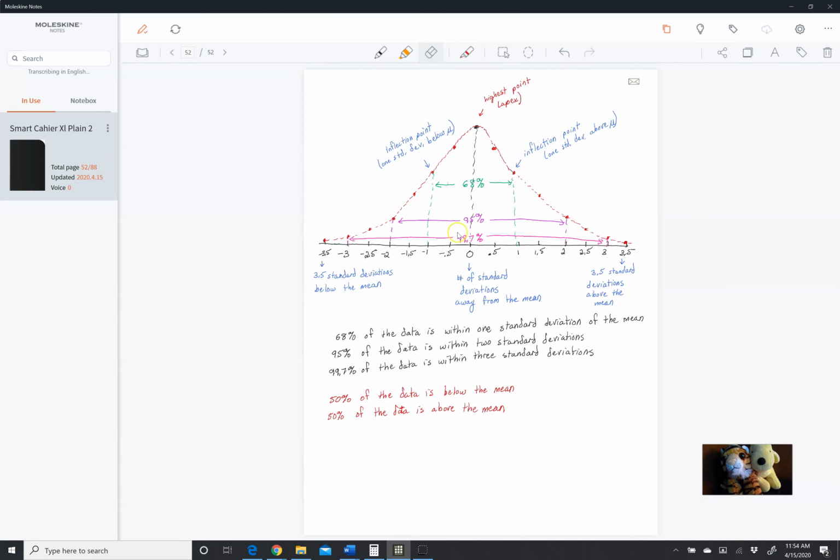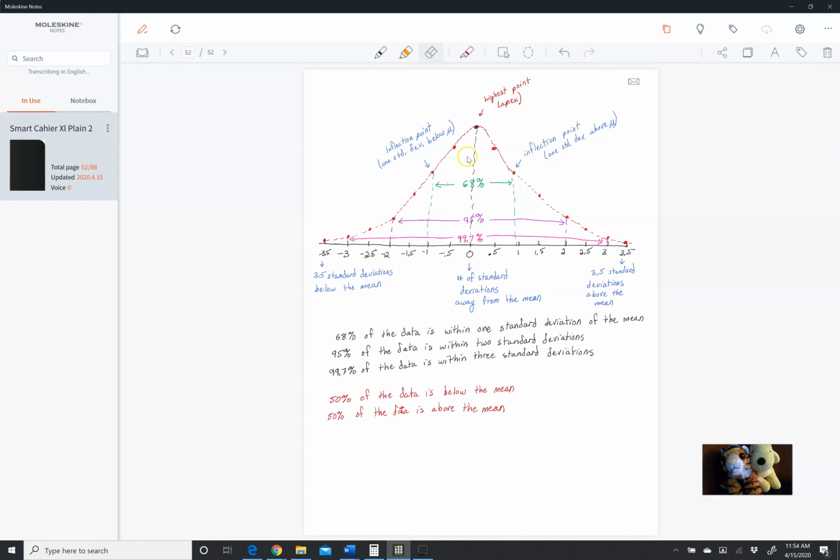There are a couple of other properties here. We could look at percentages. What percent of the data is below one standard deviation below the mean? In other words, how much data falls over here?